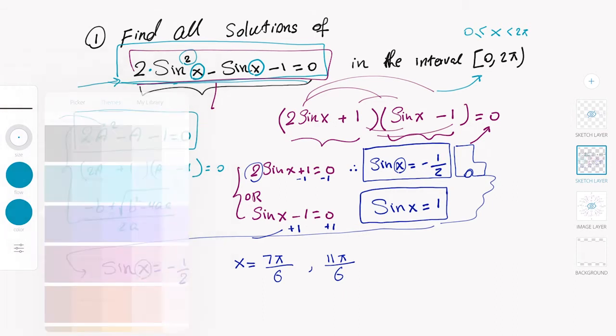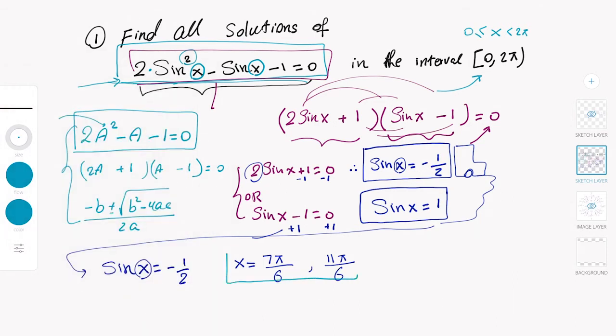So we got two solutions. I'm not going to add 2 pi k because we only have a single x here. If here we had double x or something else besides x, you would use 2 pi k. Also, we add 2 pi k if we didn't have this domain.